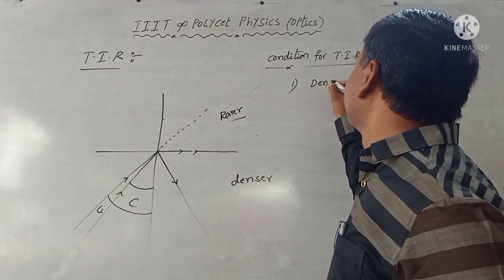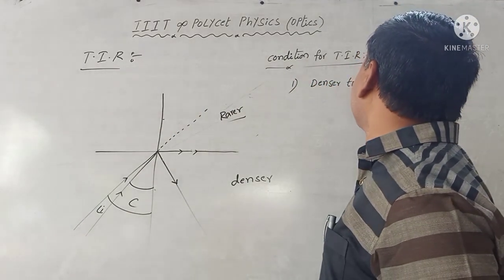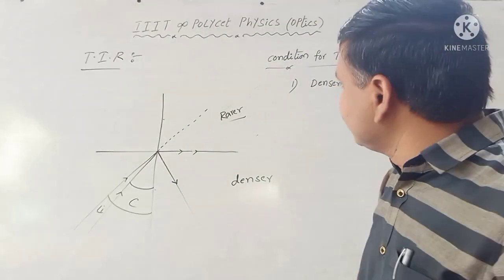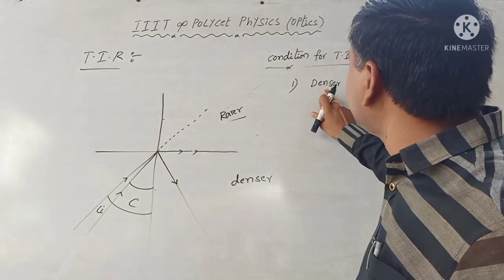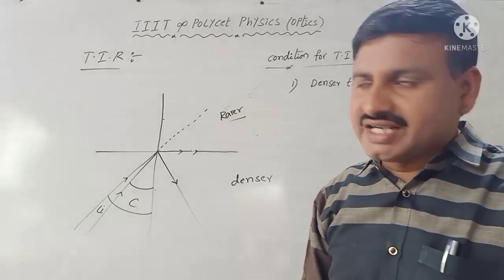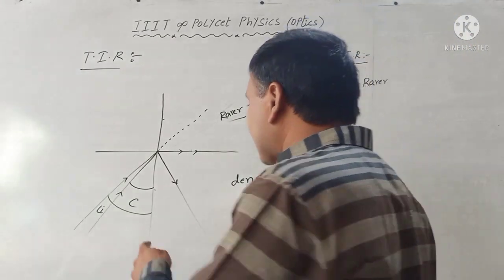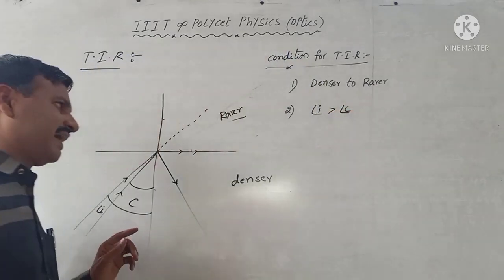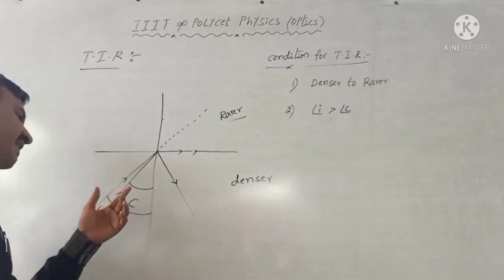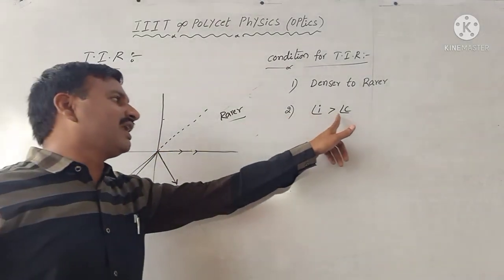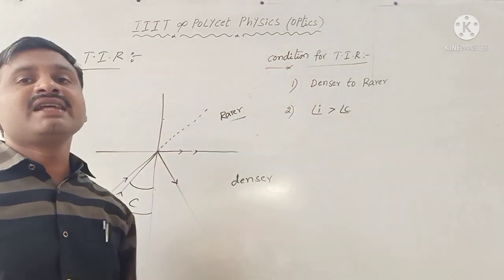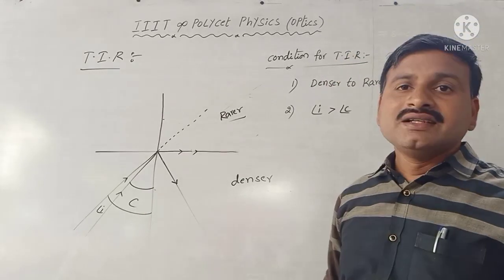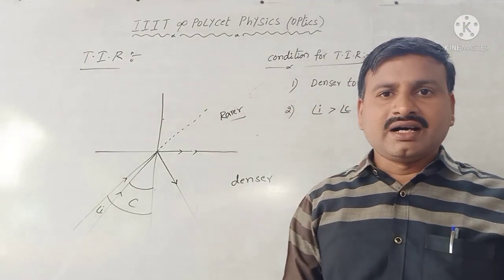The second condition is that the angle of incidence must always be greater than the critical angle. In that situation it forms TIR, total internal reflection. So these are the two conditions applicable for TIR.